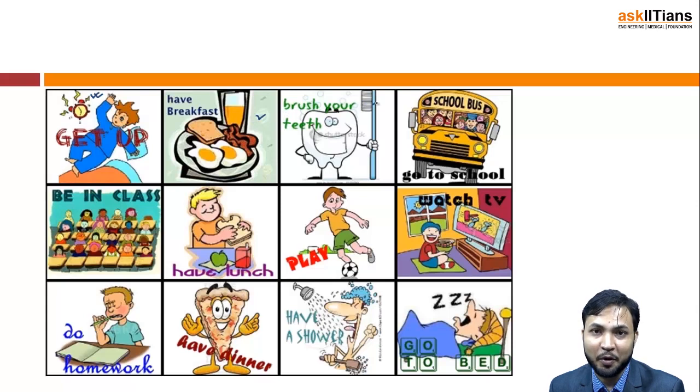This is not in a proper order, but let's say we brush our teeth, we go to our school, we take all our classes, we have our lunch, then we play, then we watch TV for some time with our evening snacks, then we do our homework, we struggle there, then our delightful dinner is ready. Now this varies from people to people. We have a pre-nap shower, and then in the evening we doze off to sleep late in the night.